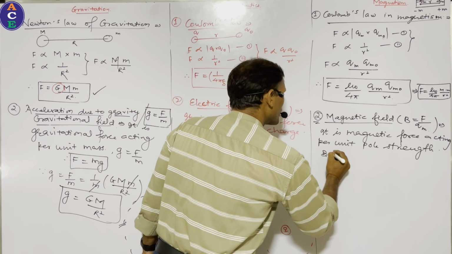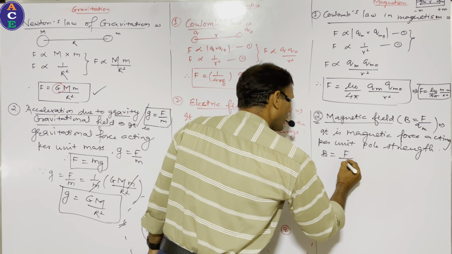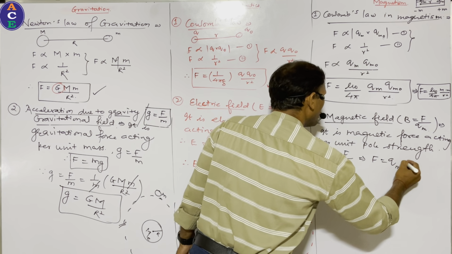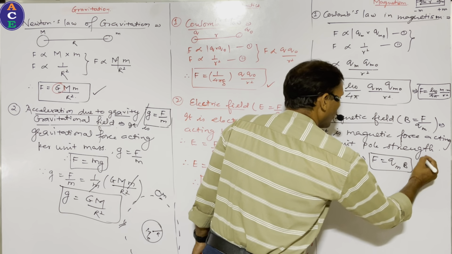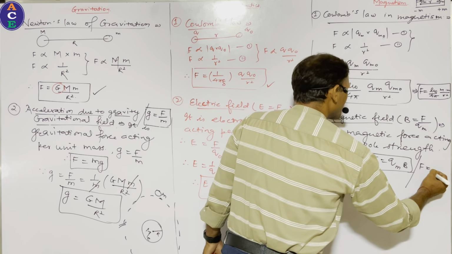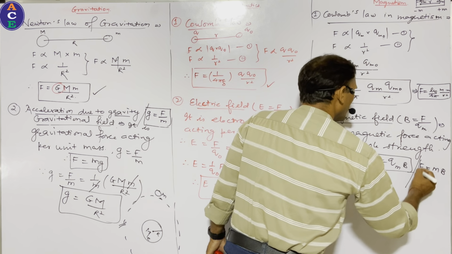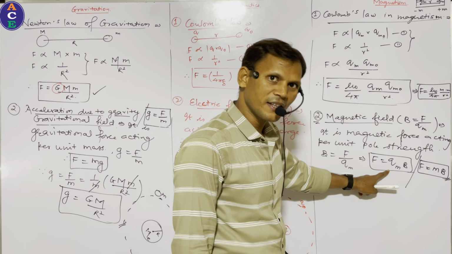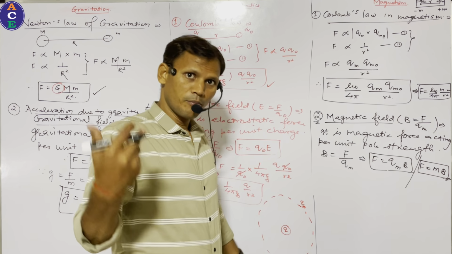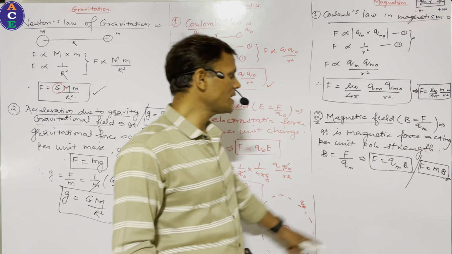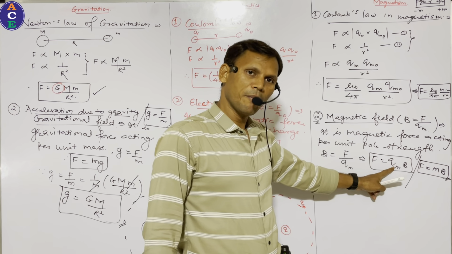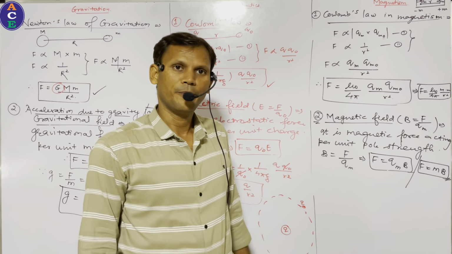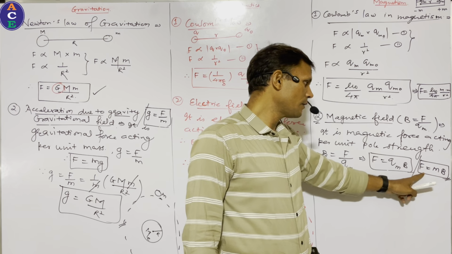So B is equals to F by QM. So F will be QM into B, or as I mentioned already, sometimes we will write F is equals to M into B. What is small m? Pole strength. What is QM? Pole strength. So in some books you will see it as QM, pole strength, as well as in some books you will get it as M. So this is the formula of force.